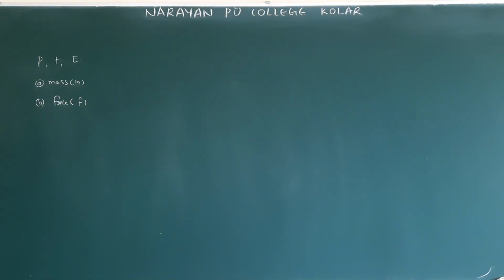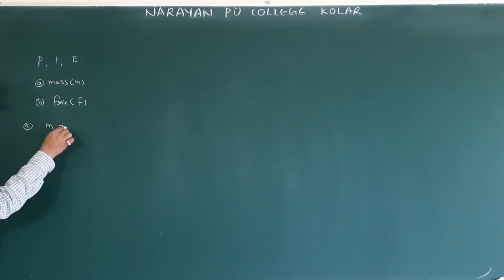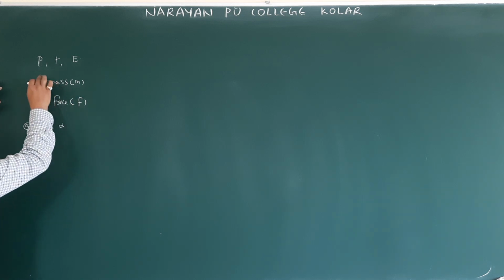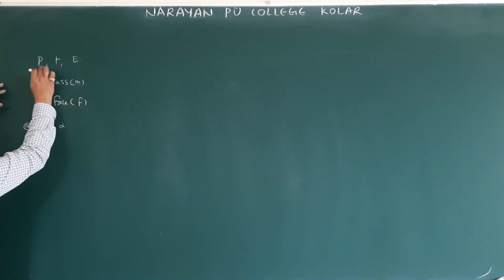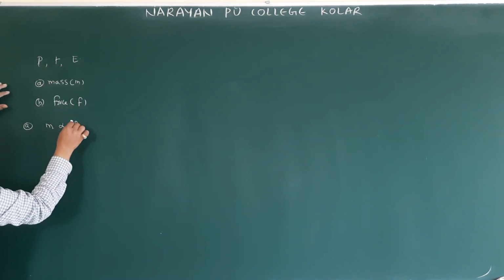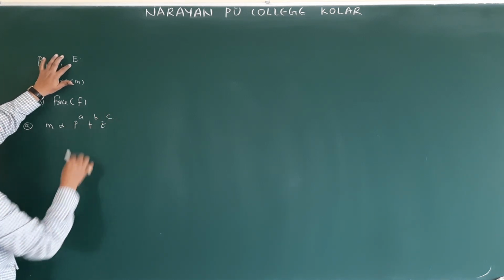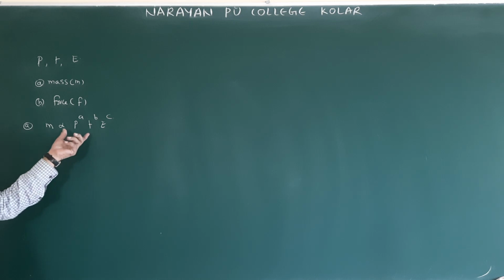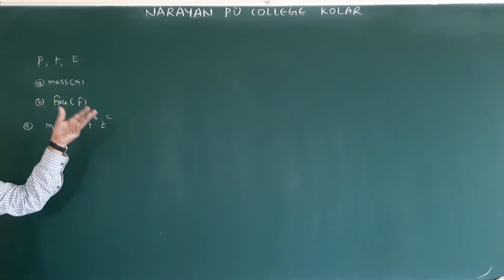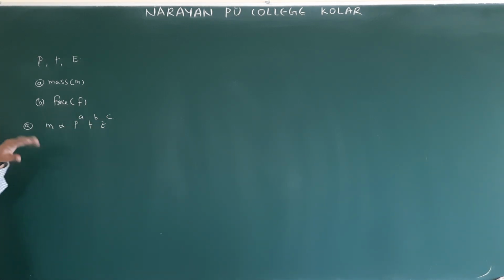Okay, so first we will see A. Mass is directly proportional to... they are asking in terms of momentum, time, energy. Therefore, P power A, T power B, E power C. So till now they gave this equation directly, but if they didn't give it, we should write it first.